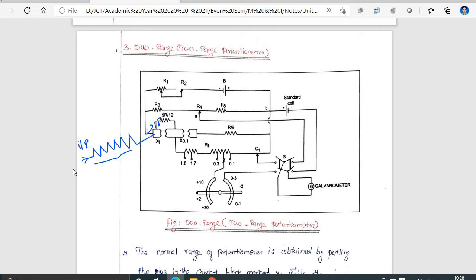So here I give an input of 10 volts at the input side, and I get an output of less than 10 volts. Based on that resistance value, the output voltage is reduced, because due to the resistive action some amount of voltage is dropped here.